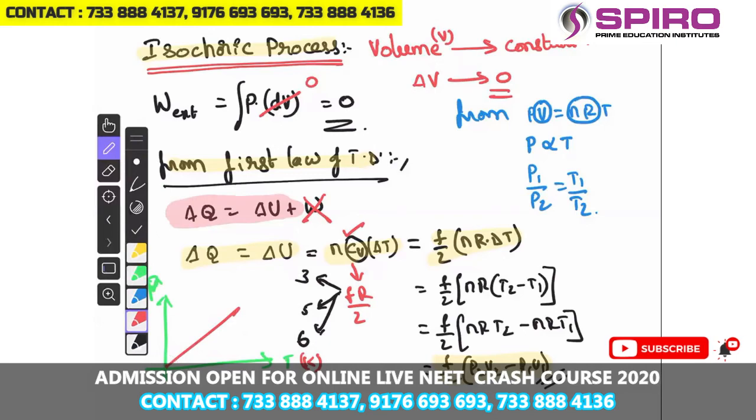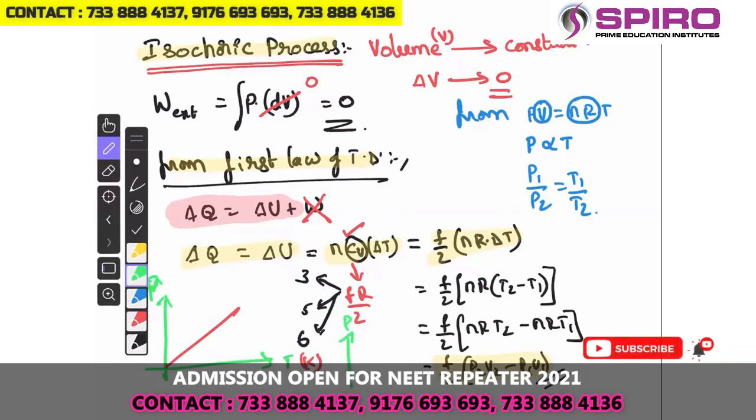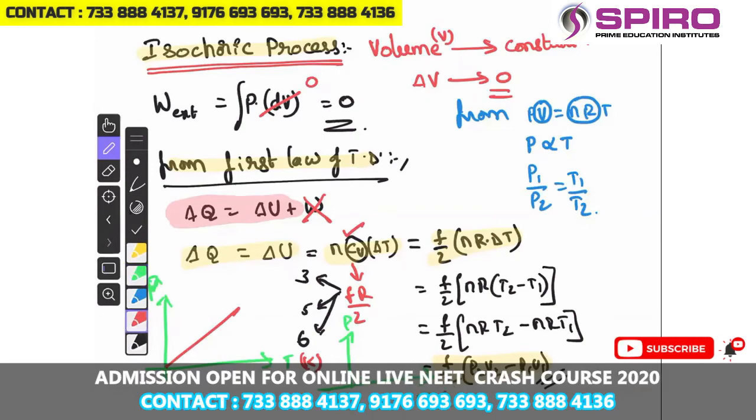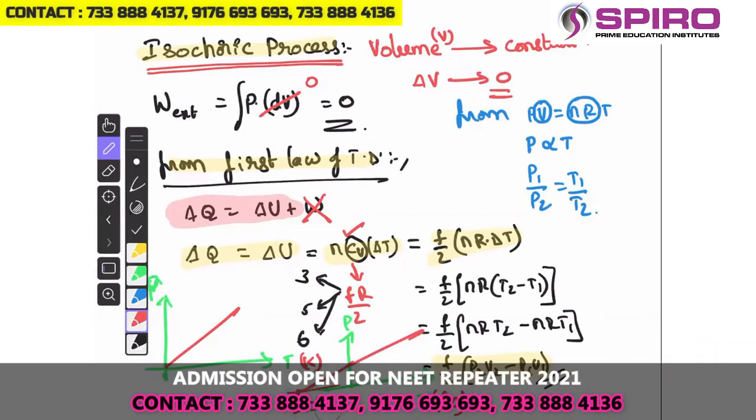I will take one more graph here. If the pressure versus temperature graph is in degree centigrade, then the graph does not pass through the origin. It is a straight line, of course, but it touches the temperature axis at minus 273 degrees centigrade. 0 degree centigrade is here, and this is 0 Kelvin.